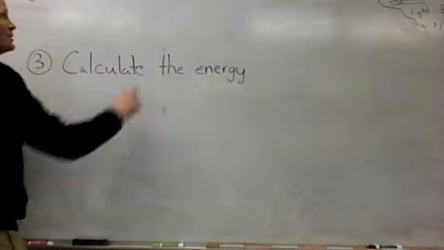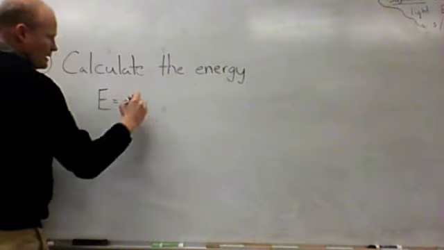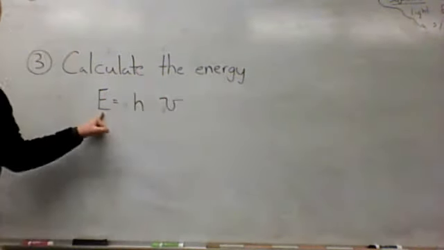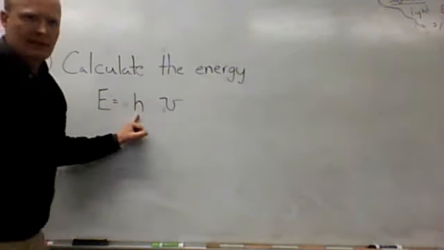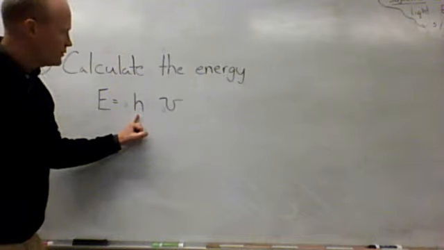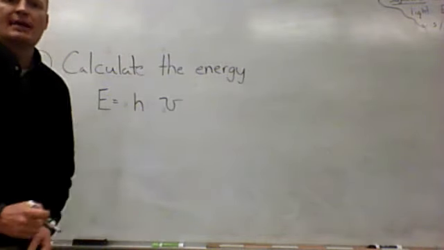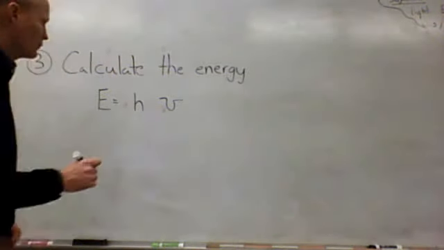For that, we're going to use the formula E equals h times nu. E stands for energy. h is a constant called Planck's constant. We'll be given that value. And nu is our frequency. And in step 2, we just calculated the frequency of light that we're using.